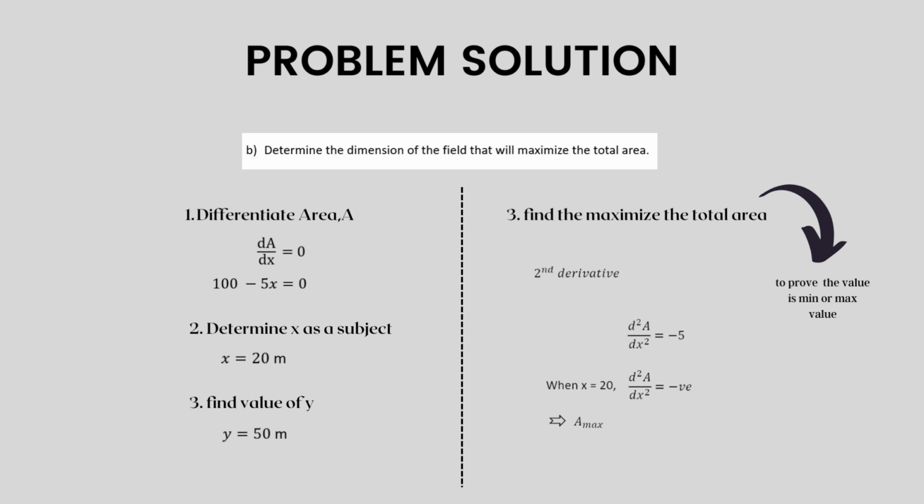So for this step, we take our first derivative, which is 100 minus 5x equals 0, and differentiate as we did earlier, and as a result we get minus 5. From the second derivative, we know x equals 20 is a maximum value, so the area is the maximum value.